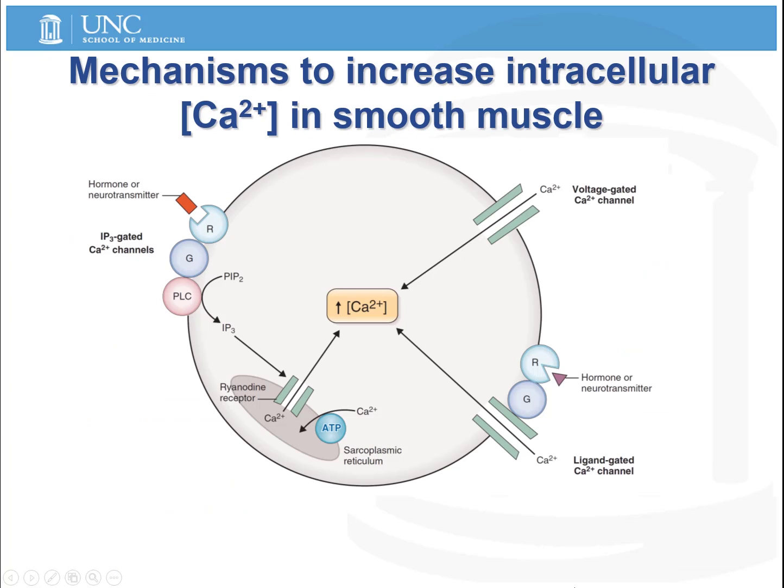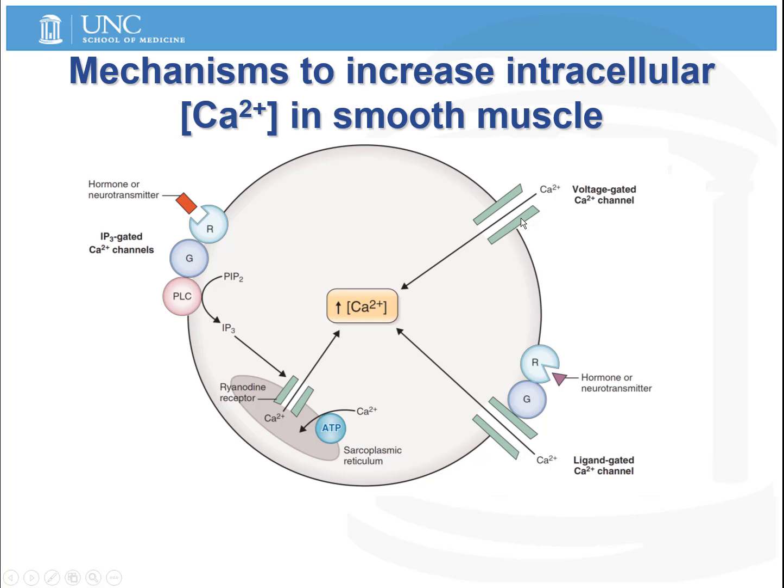As we just saw, smooth muscle contraction is stimulated by this rise in intracellular calcium concentration. There are multiple mechanisms that are involved in calcium entry into a smooth muscle cell. Voltage-gated calcium channels are one. Voltage-gated calcium channels are on the plasma membrane of the smooth muscle cell, and they open when there's depolarization of the cell membrane, which then allows the calcium to flow down its electrochemical gradient and into the cell.